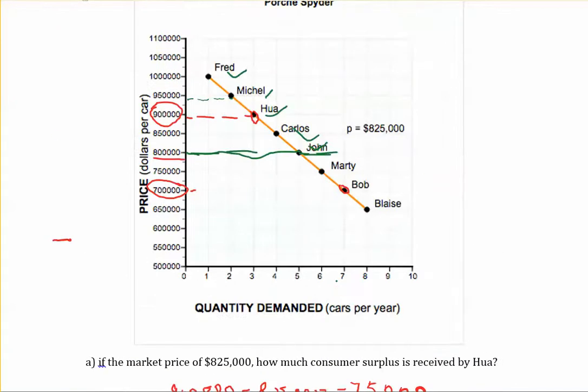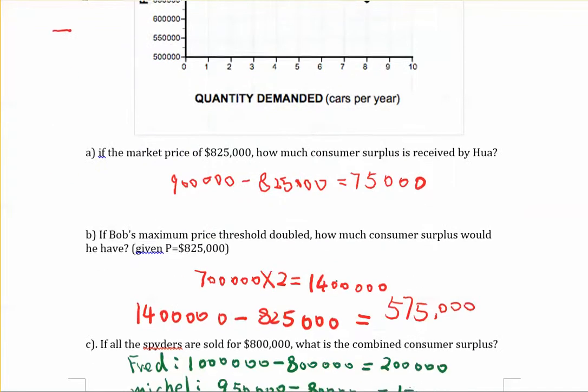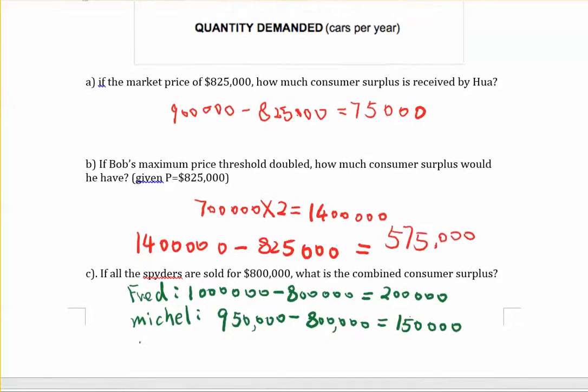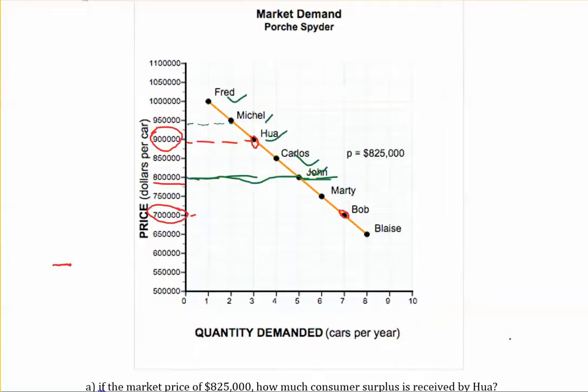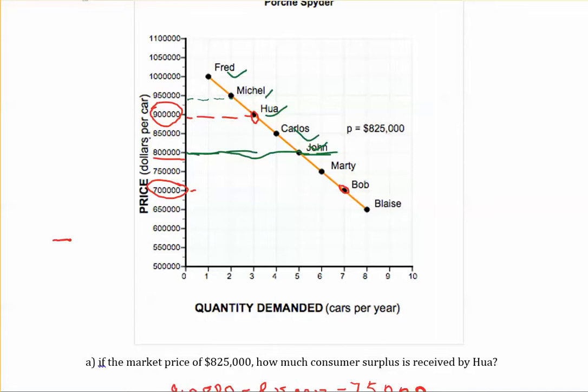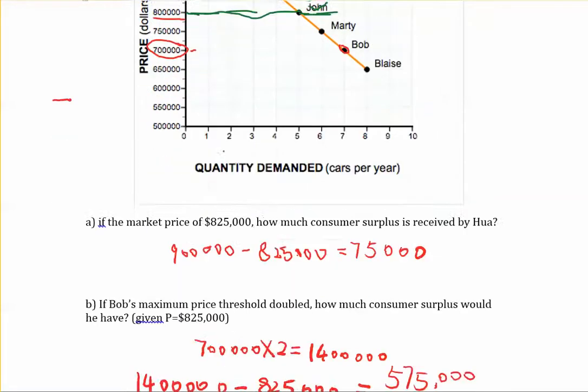Now the third person is Hua. Hua's maximum willingness to pay is $900,000. So Hua's consumer surplus is $900,000 minus $800,000, and we got $100,000. The fourth person is Carlos. Carlos's willingness to pay is $850,000.